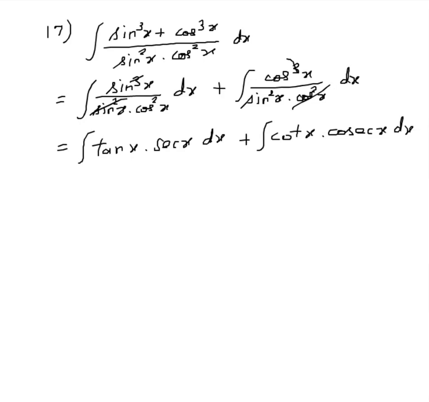And we have direct integration formulae for both. Integral of secant x into tan x is secant x, and integral of cosecant x into cot x is minus cosecant x, and plus the constant of integration c.